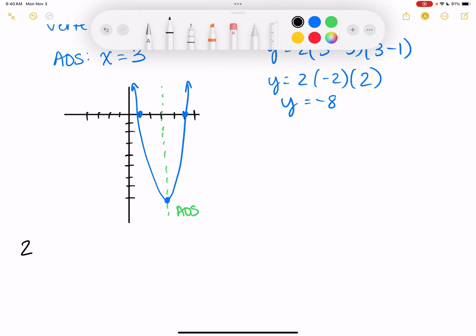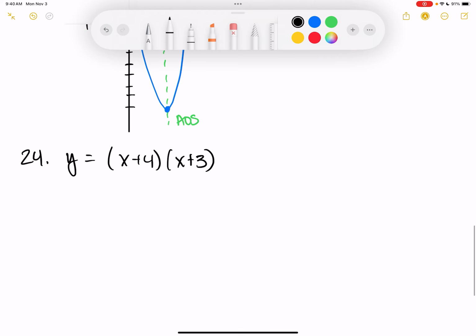So 24, we've got y equals x plus 4 times x plus 3. So then we just FOIL first terms. So we've got x squared, outside terms plus 3x, inside terms plus 4x, last terms plus 12.